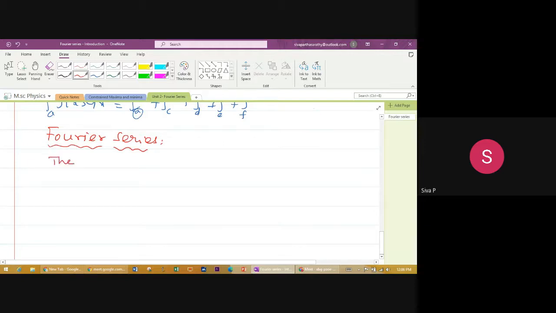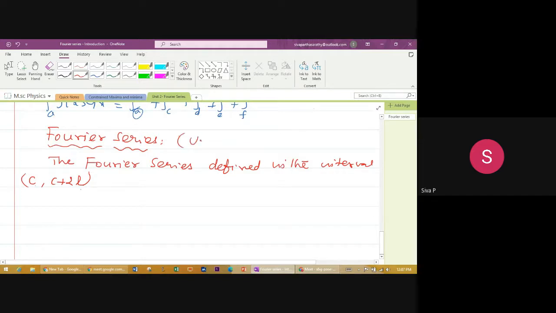The Fourier series defined in the interval c to c plus 2l. In general, I am writing. Usually, the period is 2 pi. In case of any problem, we can solve by using this formula, c to c plus 2l Fourier series.